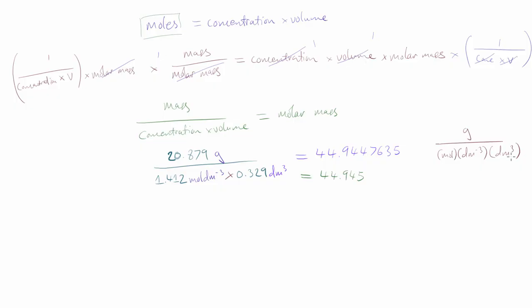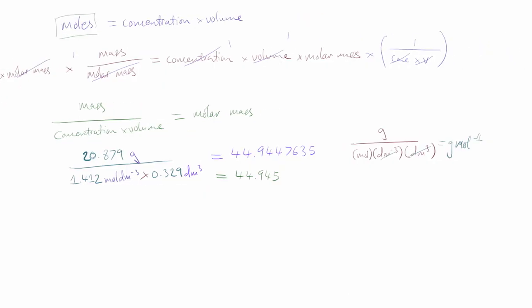When we multiply these two, the dm³ cancels out, and you can see that this is simply grams divided by mole, which is represented as grams per mole.